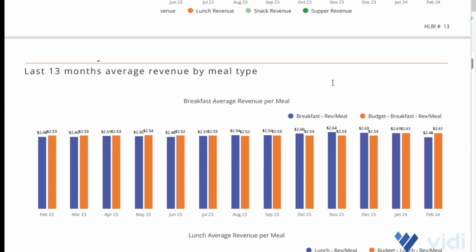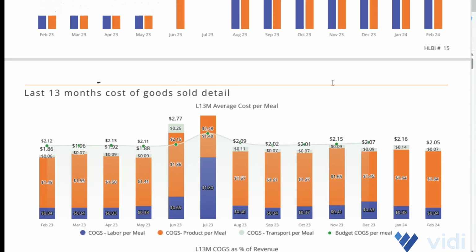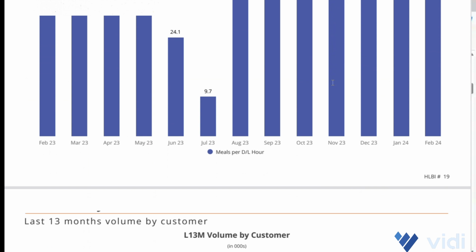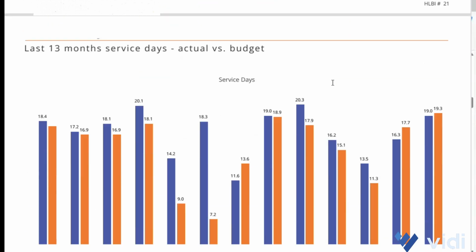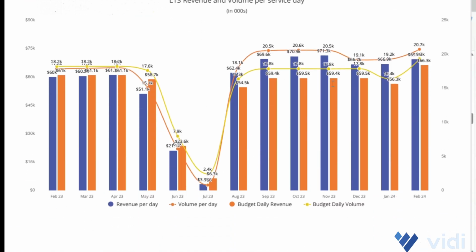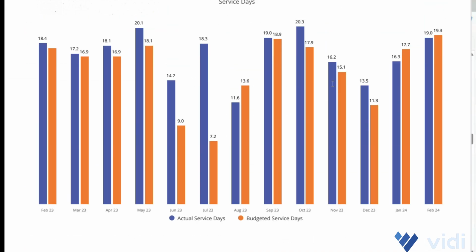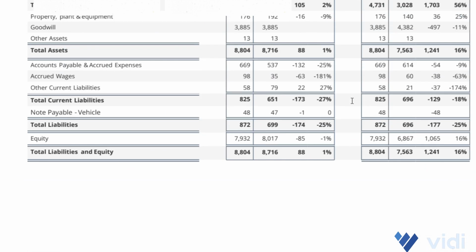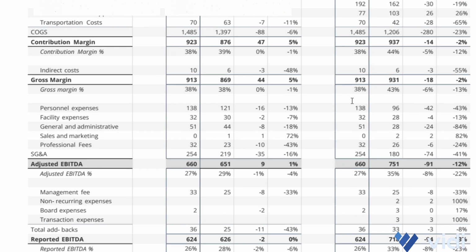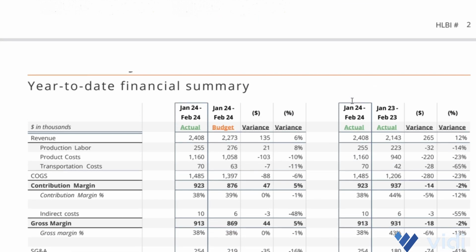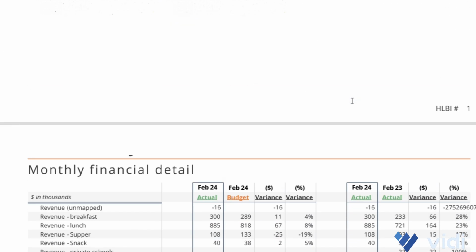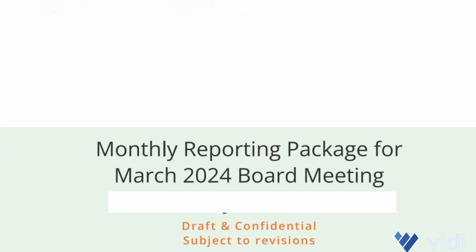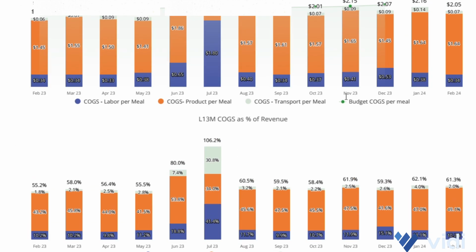So as you can see, this is basically the first table format where I have the monthly financial summary, I have my monthly financial detail, I have my year-to-date financial summary, I have my year-to-date financial detail, I have my balance sheet, I have my cash flow statement, I have my monthly financial detail, I have my monthly balance sheet, I have my monthly cash flows, then I have my monthly revenue by customer versus budget, and finally the visuals that we have done.